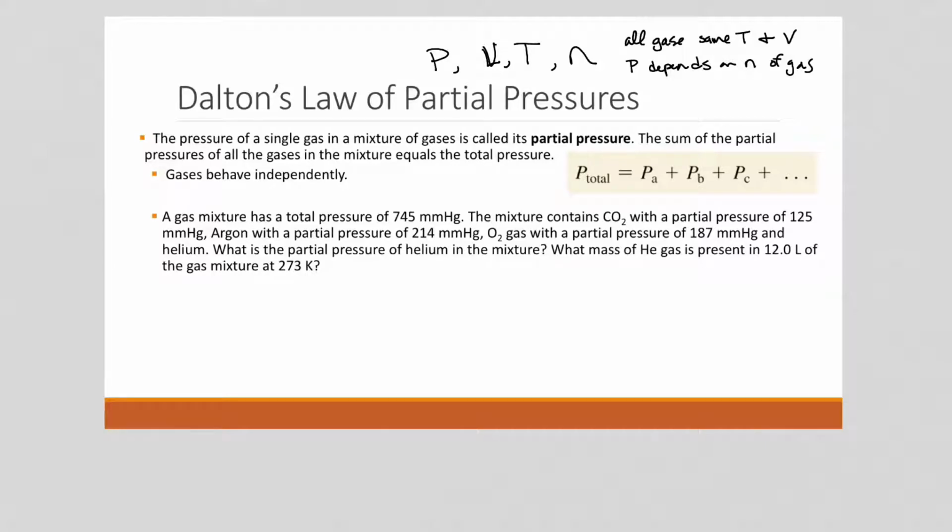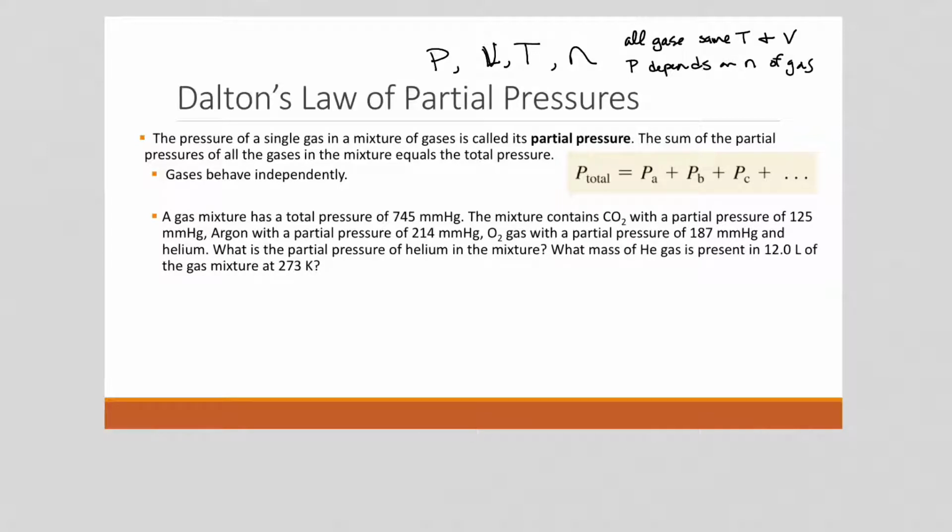Then that means 50% of the pressure is going to come from oxygen and 50% of the pressure is going to come from nitrogen, because if we have equal moles of gas, then each gas is going to have equal numbers of collisions and create an equal amount of pressure. And so the pressure created will depend upon the moles of that gas that are present.